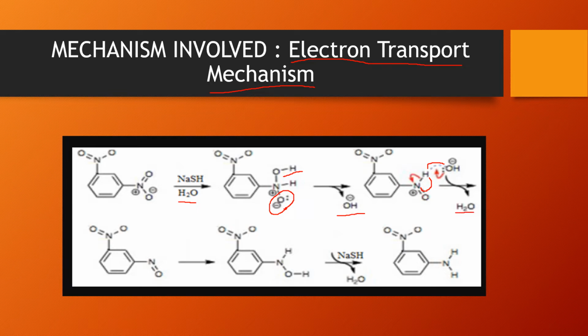Then after the water molecule loss, we get a compound which is well known as nitroso. This nitroso is then converted into phenyl hydroxylamine, and then this phenyl hydroxylamine upon again reacting with water will form meta-nitroaniline, which is the desired product. So this is the mechanism related to this reduction.